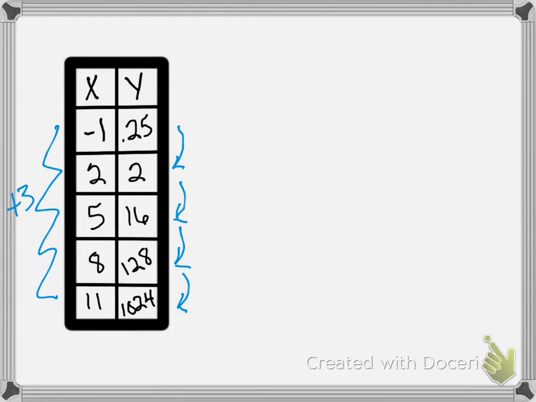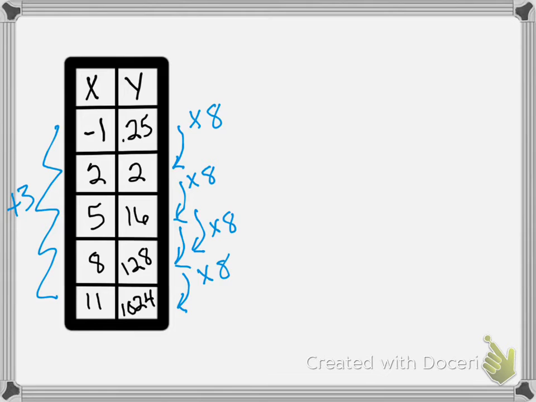The easiest two numbers here to use are 2 and 16. 2 times 8 gives us 16. If you plug it into the calculator, 16 times 8 would give us 128. 128 times 8 gives us 1,024, and so on. Same thing with that 0.25: if we multiply it by 8, we get 2.